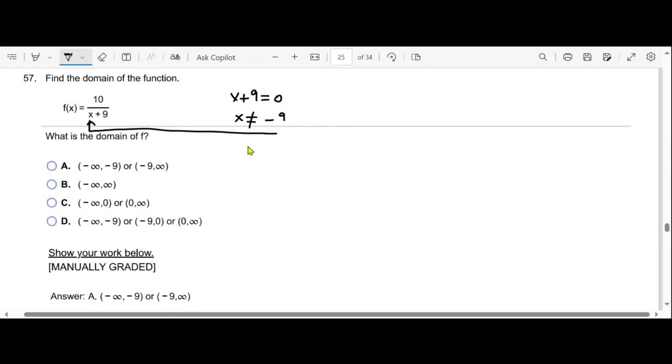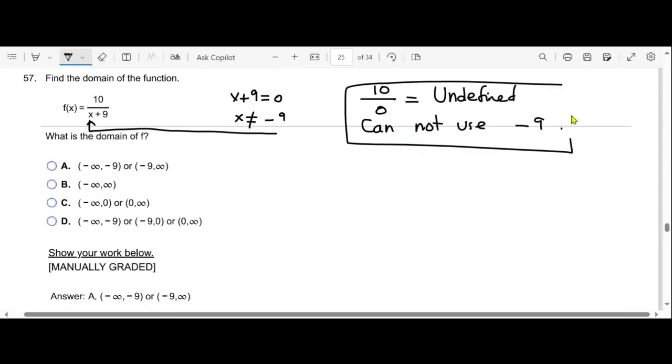Because it's going to make it 10 over 0. How much is 10 over 0? So are you allowed to use -9, Ahmed? No. Why not? Because it will make it 0. 0 is undefined.